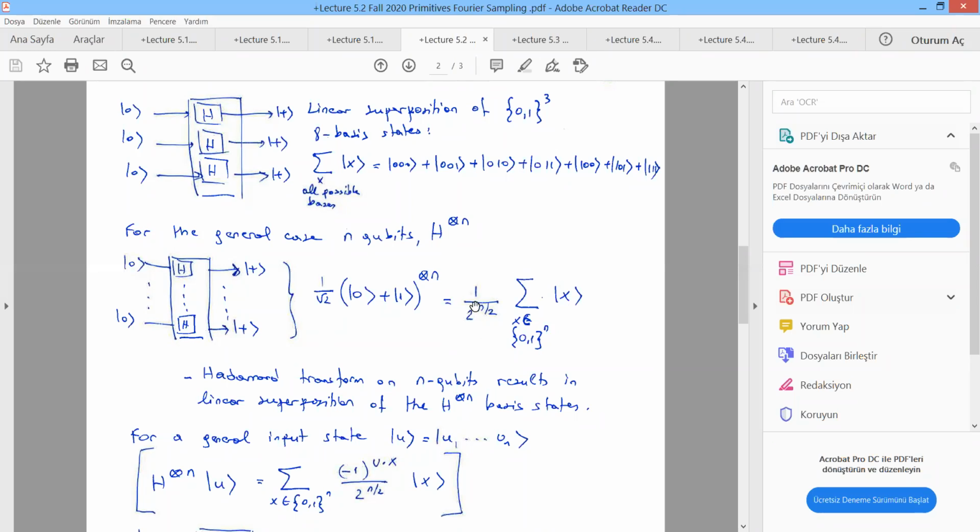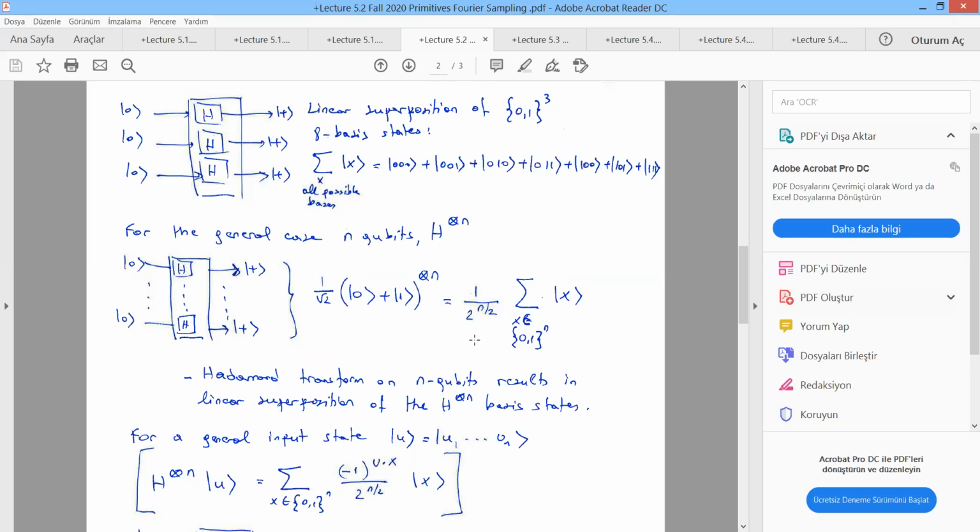This 1 over 2 to the n over 2 is just a normalization factor, since you have 2 to the n such basis states, right? The sum of the squares of all these magnitudes should add up to 1. So this is what it does. This is just a normalization factor in the front.